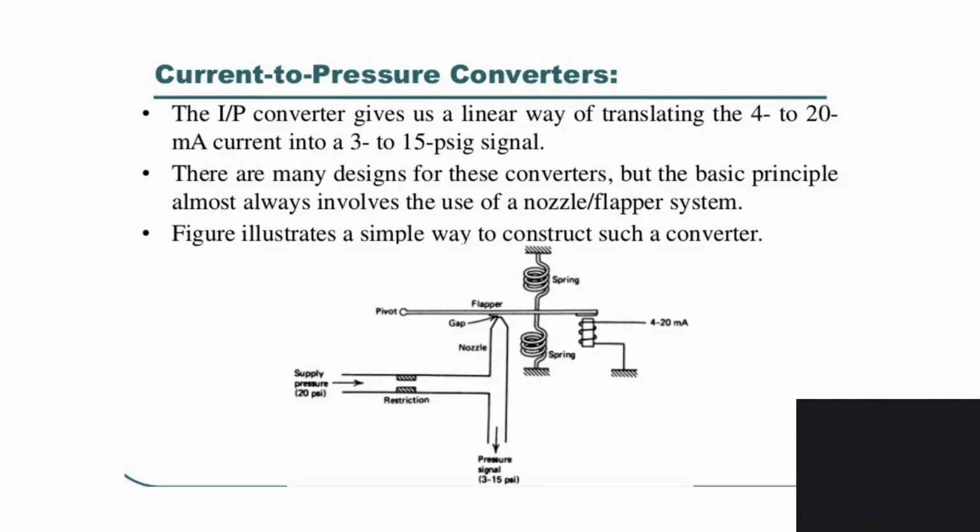Here the electromagnetic coil is energized when current is given, and it makes the spring attached to the flapper bring the flapper closer to the nozzle, so the signal pressure rises toward the supply pressure. If the coil is not energized, the spring elongates, which makes the flapper move upward, and the supply pressure leaks, so the pressure signal is lower. In this way it converts the current signal to a pressure signal.